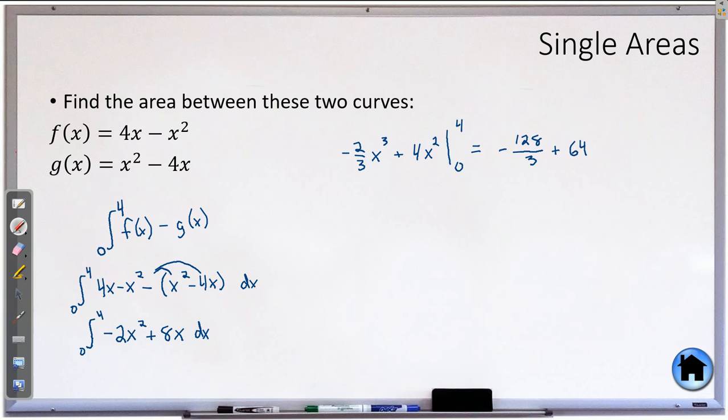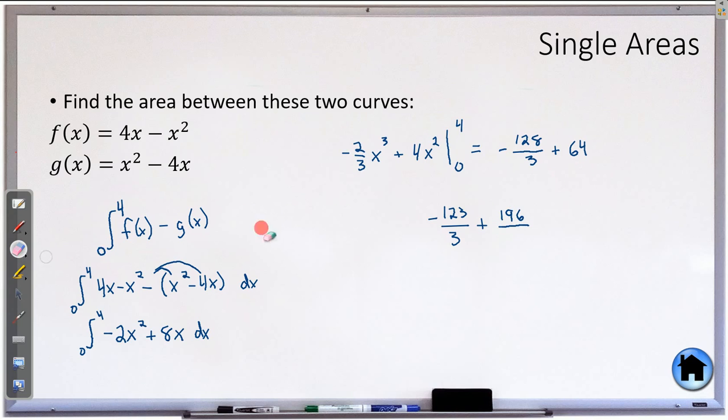So we have to combine these two, which means I need that to be a fraction over 3. So 64 times 3 is 196, I believe. You might check me there. No, that's not quite right, is it? 3 times 4 is 12. It's 192, isn't it?